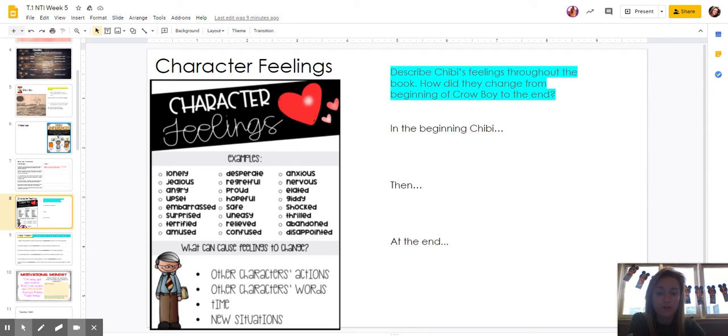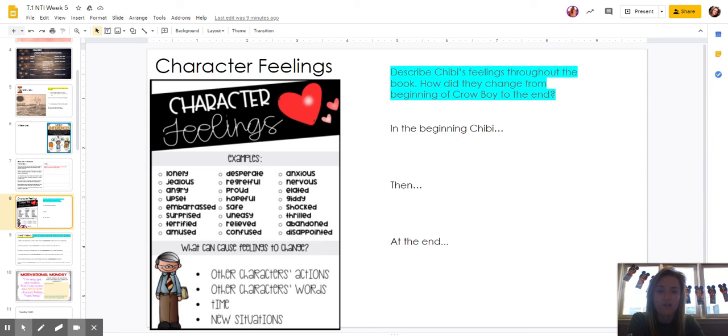So you're going to look for a third word that describes Chibi. Or you can choose the word that describes the student's response to what Chibi did. So you can say his classmates were blank because they saw him blank.